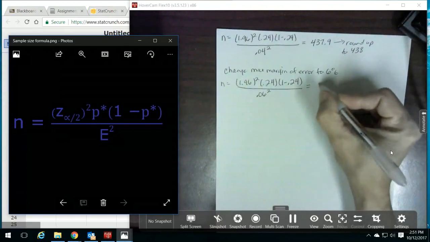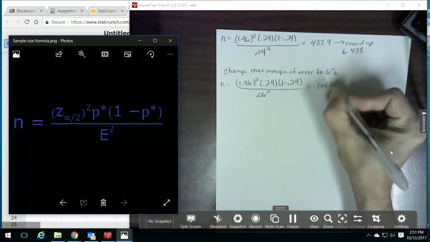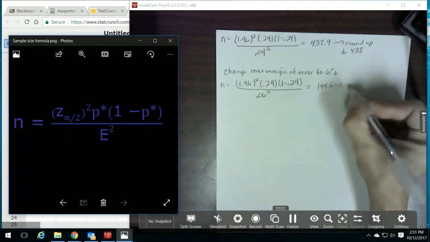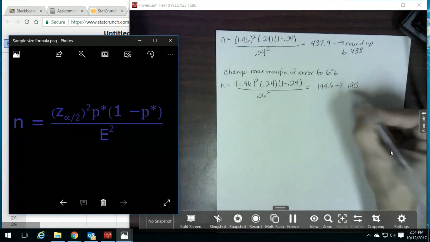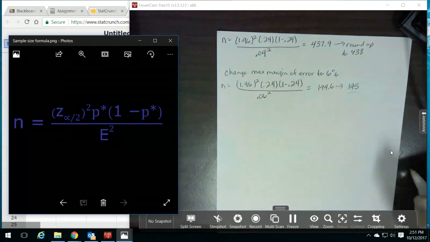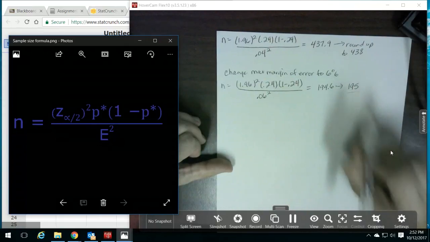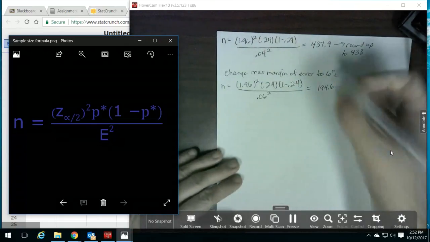Okay, so that gives me 194.6. I would round that up to 195. So that's acceptable with the sample size that I have, because this is less than the sample size that I actually have, so that one is going to work.